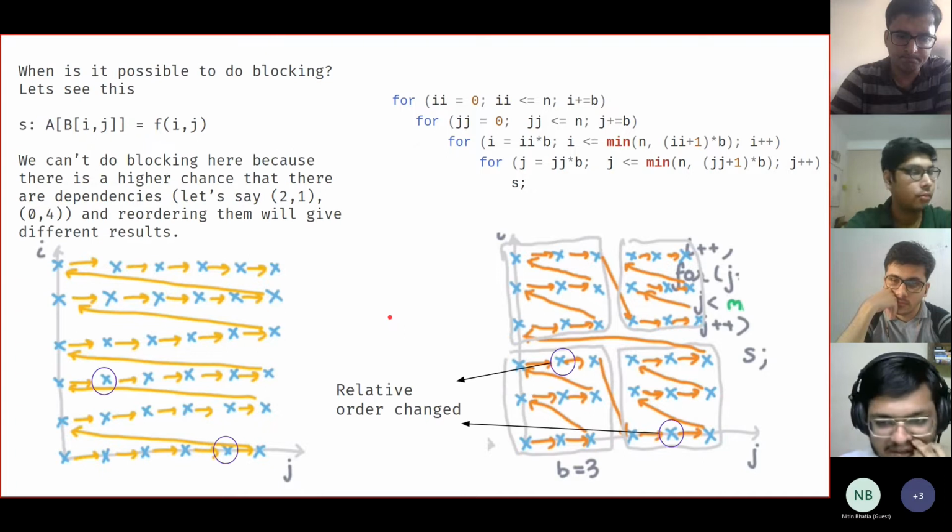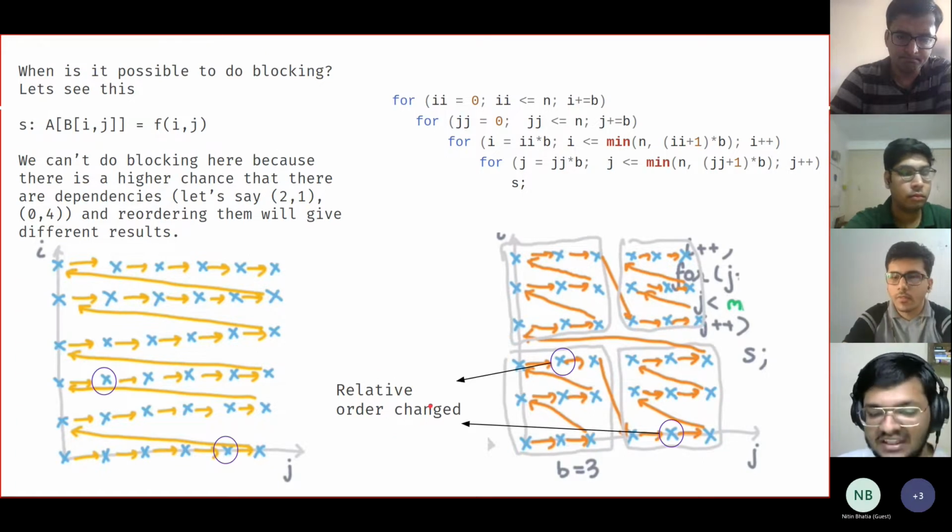So we know, because the relative order has been changed here, we don't want any dependency here. As we have seen previously many times, if we have a data dependency between these 2 points and we change the relative order, then we are not going to get the correct results.